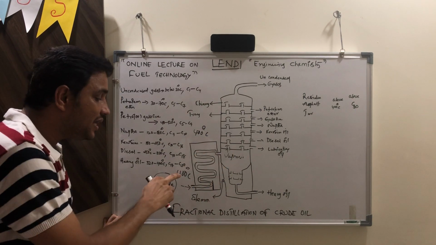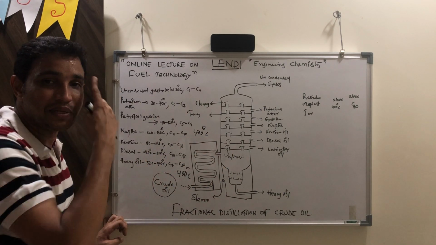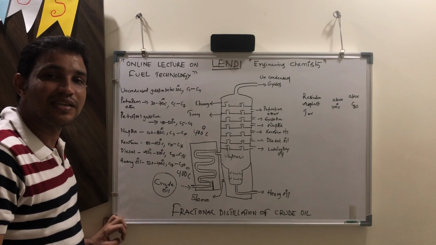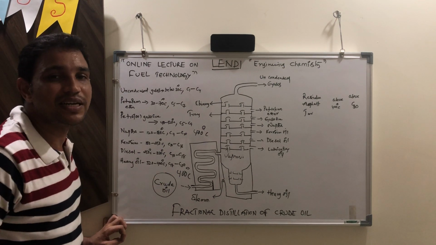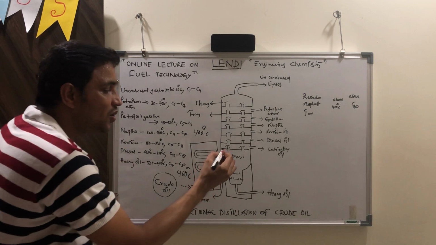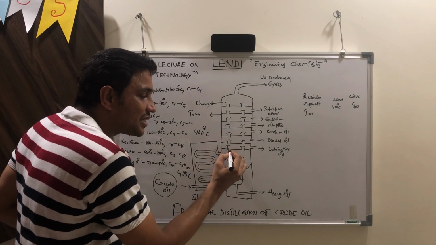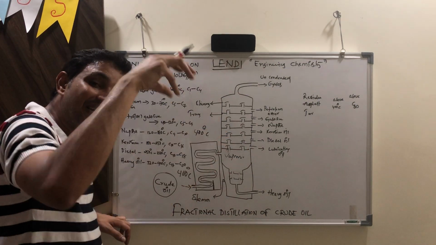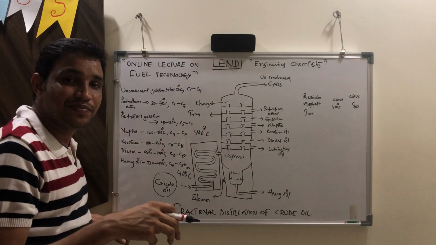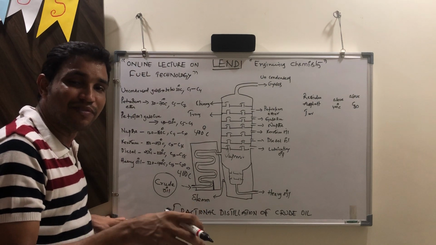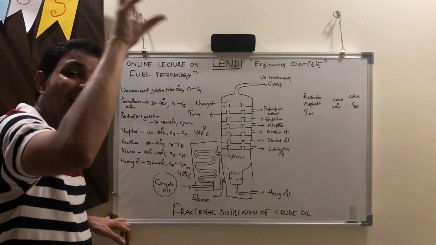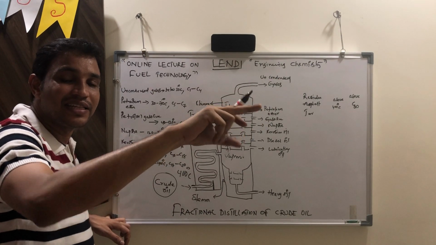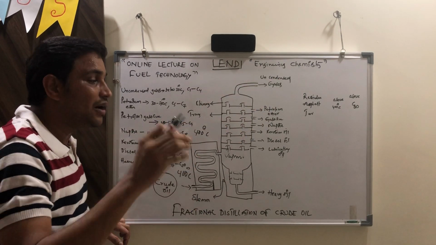Now it will not be at 400 degrees Celsius temperature. They may be at 380 degrees Celsius, 390 degrees Celsius, or 350 degrees Celsius, right? So when the temperature reduces, some fractions present in that vapors at that level of temperature, that may be 380 or 390, will become liquids.